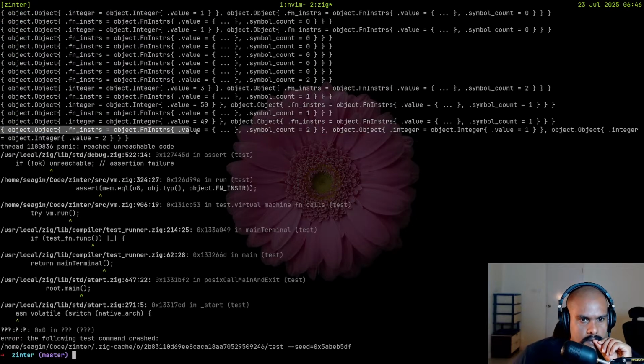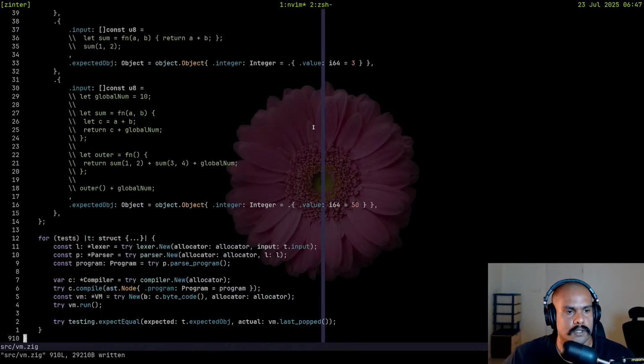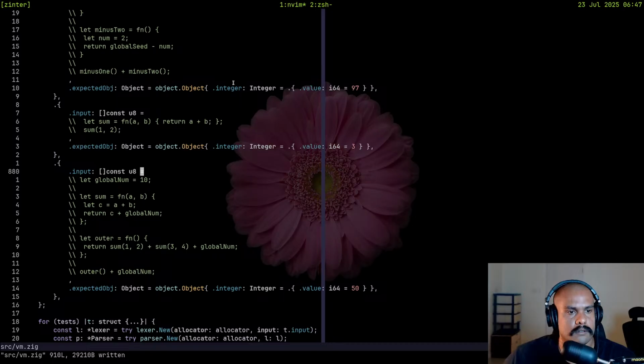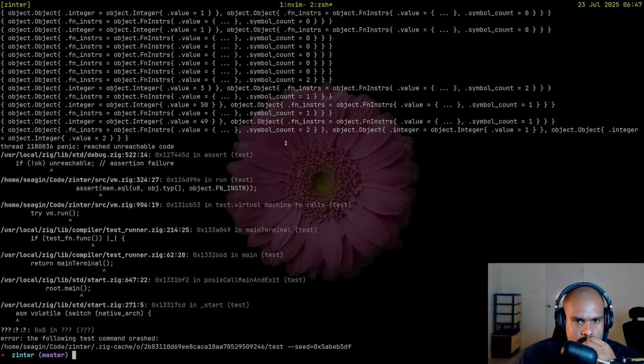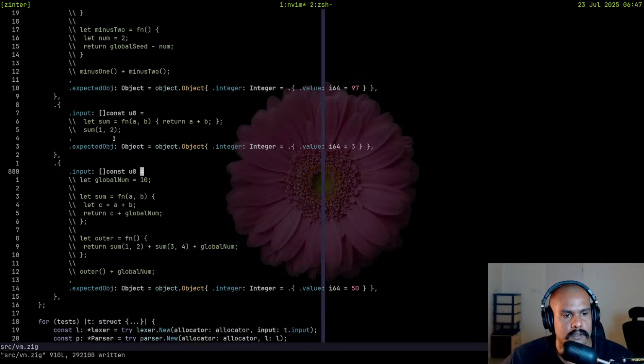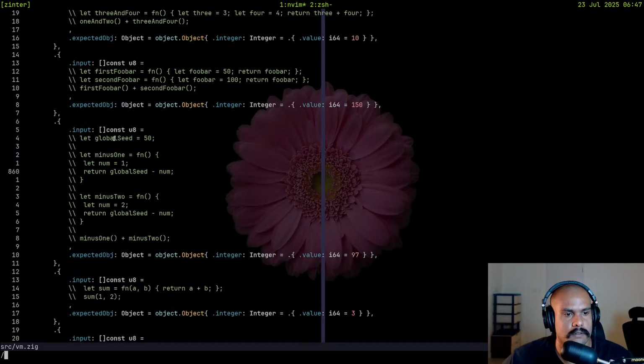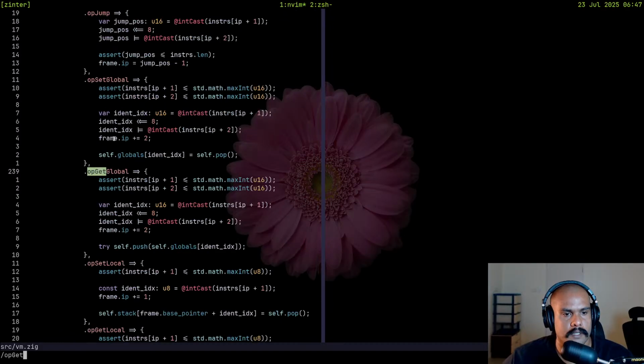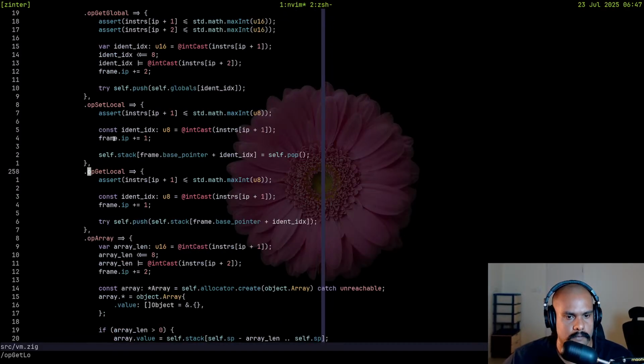So this is, which one was that? Here, this one. So 1 and 2. Symbol count is 2, integers 1 and 2. I mean, it's on the stack. Oh, get local.